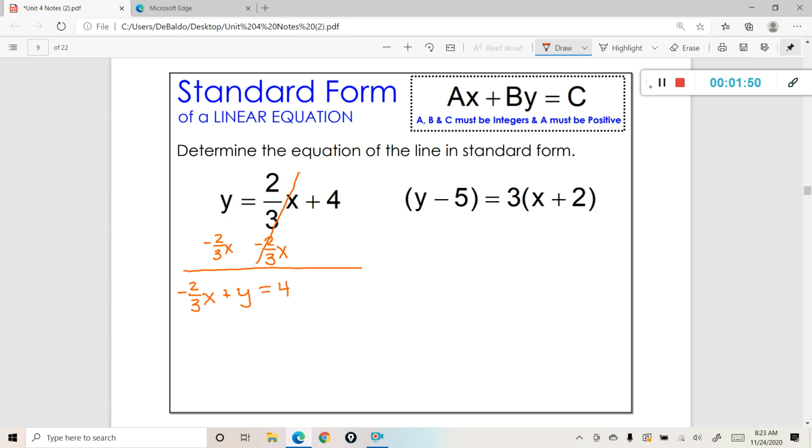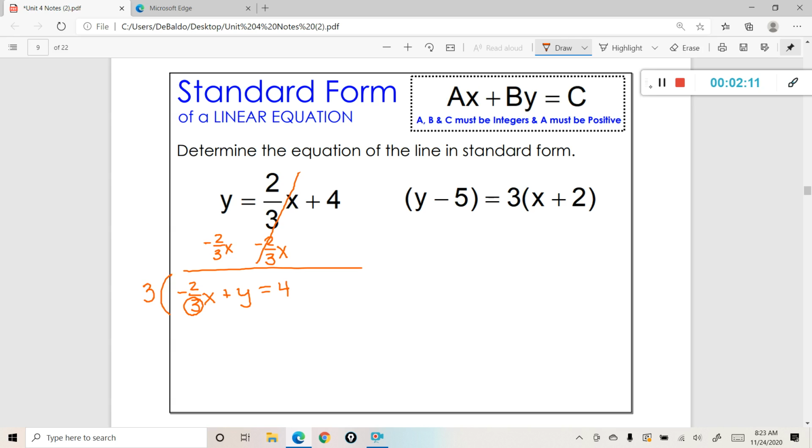Now we're getting closer, but we're not fully finished here. Now we need to get rid of the fraction because remember, A, B, and C must be integers. So to get rid of the fraction here, I'm going to multiply by the denominator in that fraction. So watch what I'm going to do. I'm going to multiply the entire side by 3.